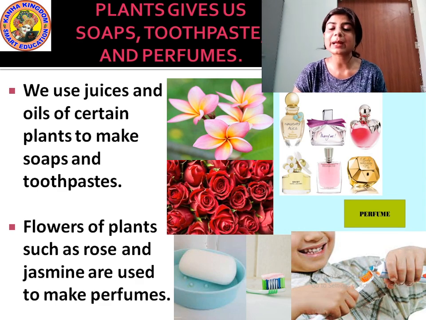Some plants smell very sweet, for example rose and jasmine. These plants are used to make the perfume that we apply on our body. So these are the useful things that are obtained from plants.